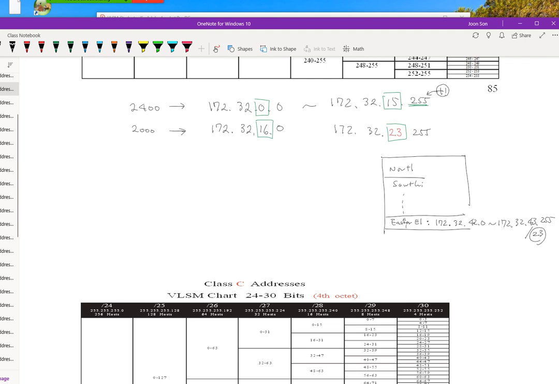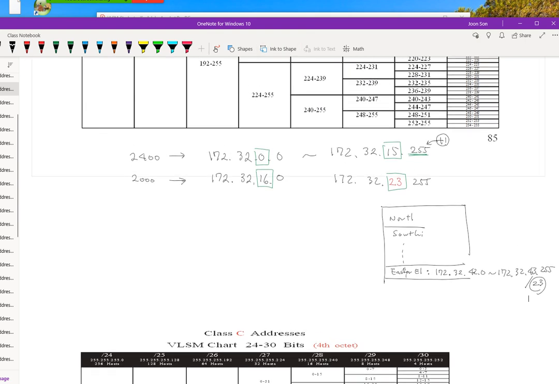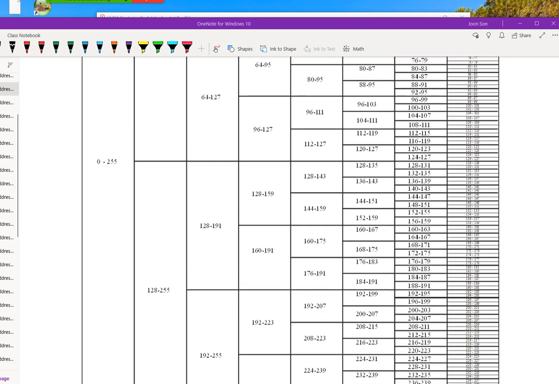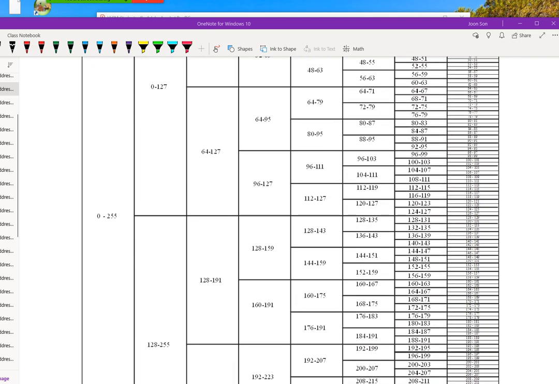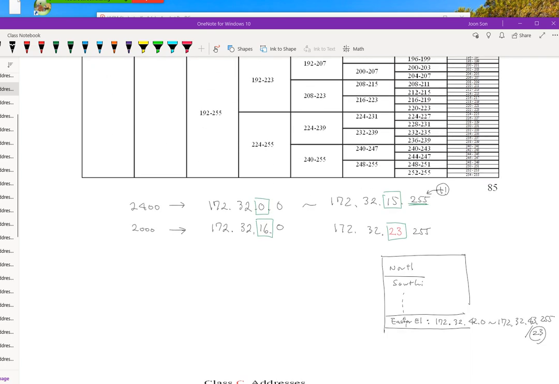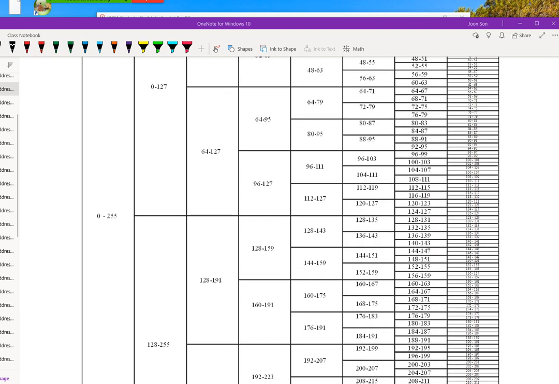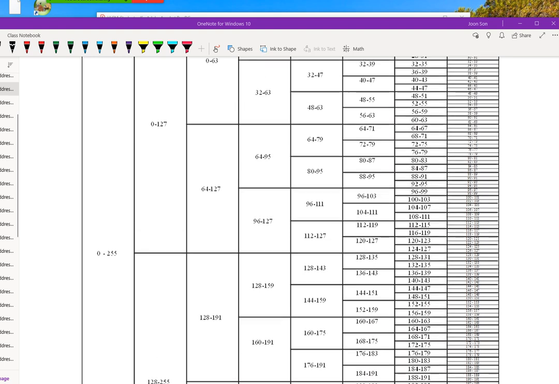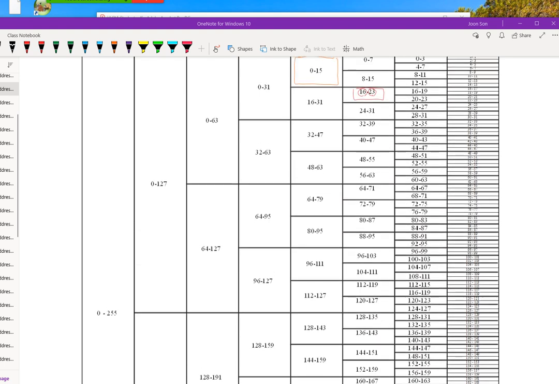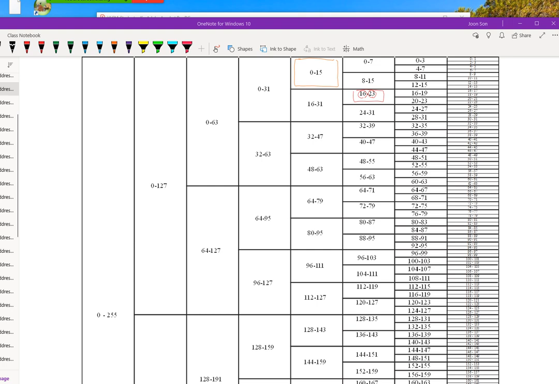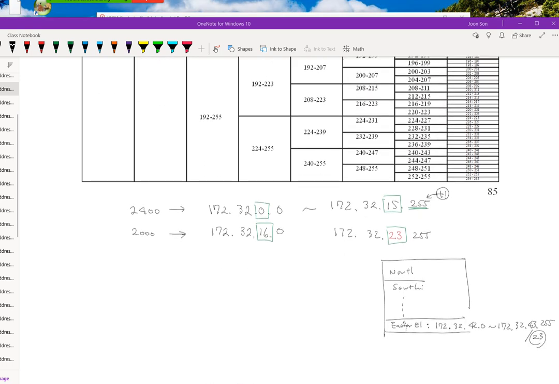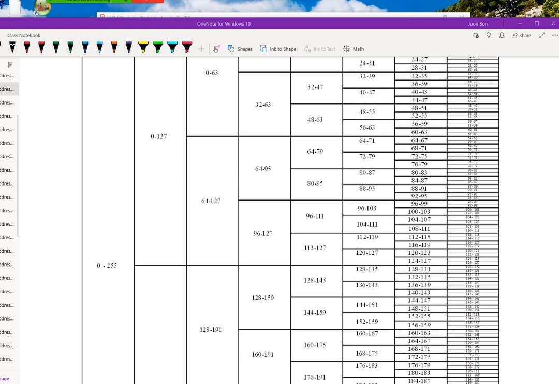So if you look at the address class B, the 23, and 42 to 43, I hope you can see this.